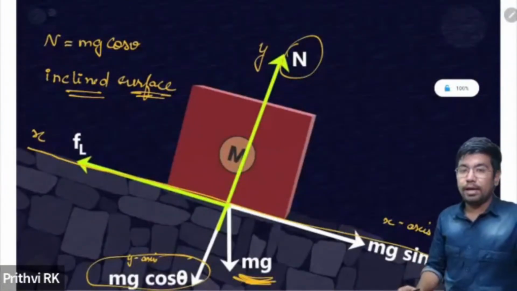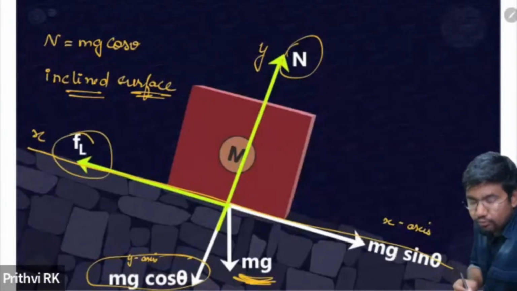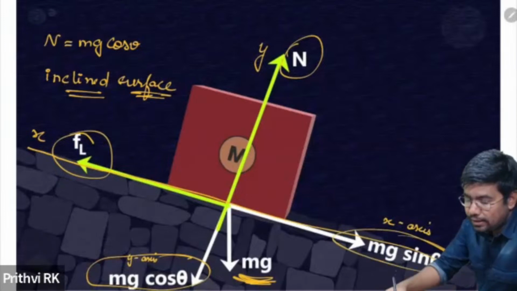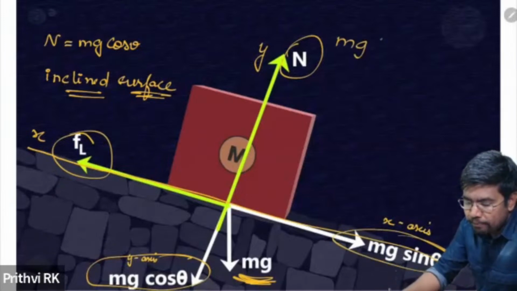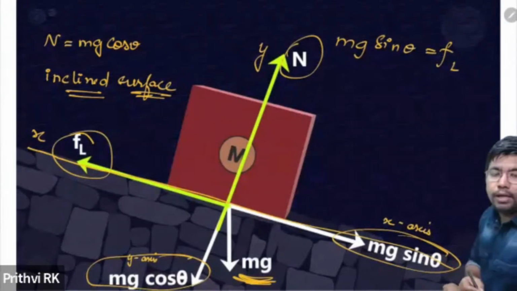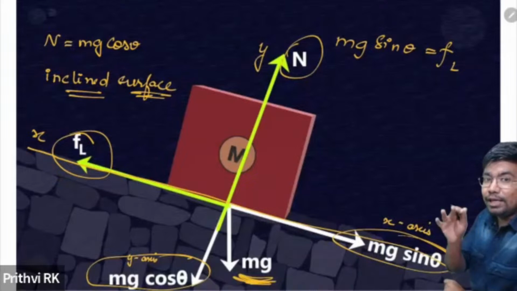Remember this. Okay, and furthermore, you can also see the friction will always be opposite to the direction of motion. And what force causes the motion? Mg sin theta. So you can say that mg sin theta is equal to frictional force Fl. Okay, so mg sin theta will be equal to what? Frictional force Fl.